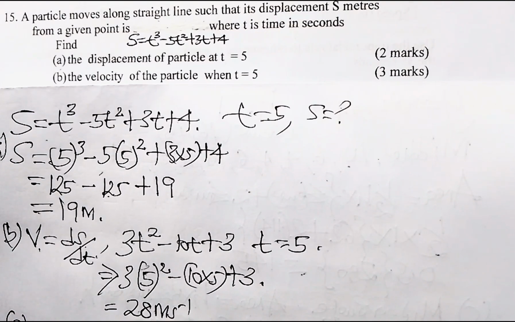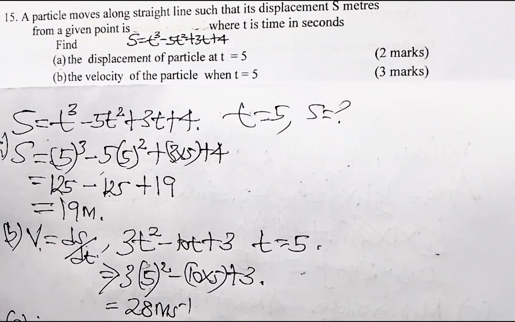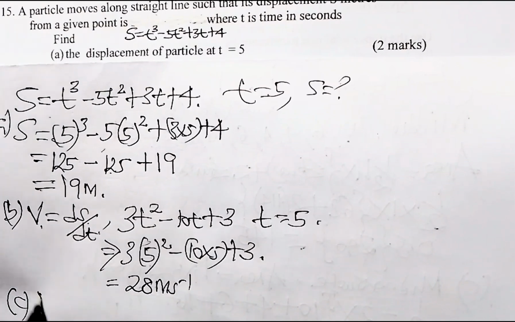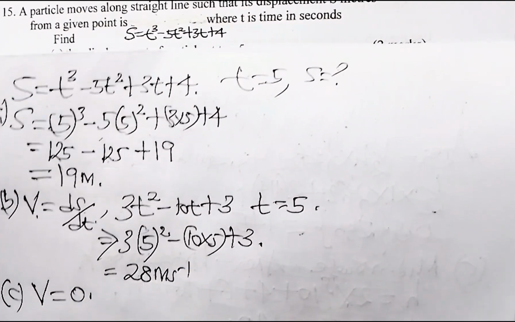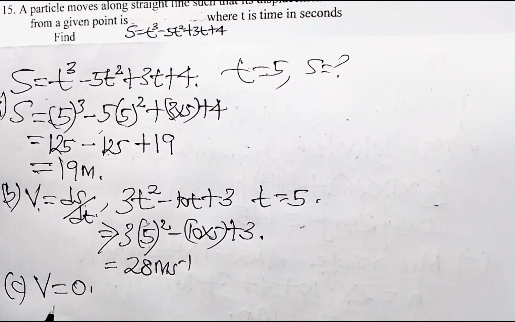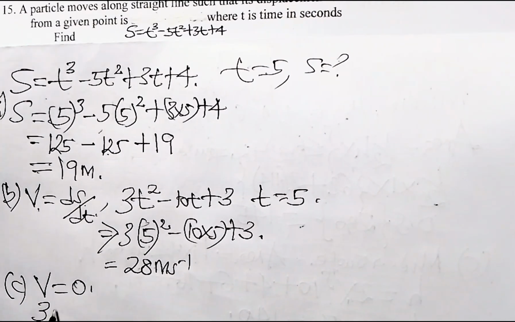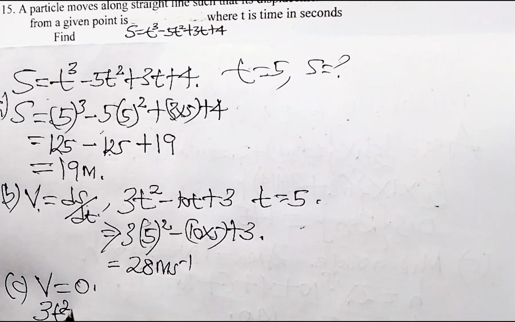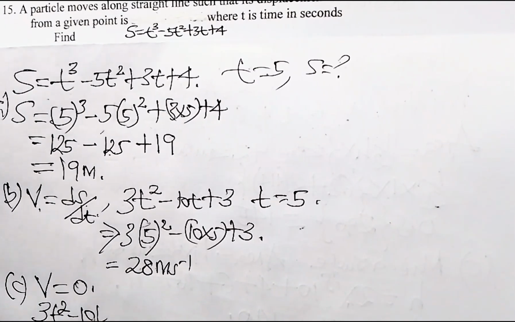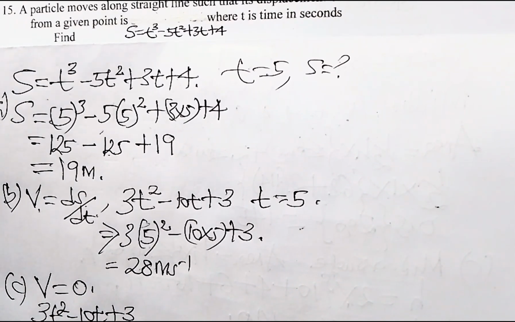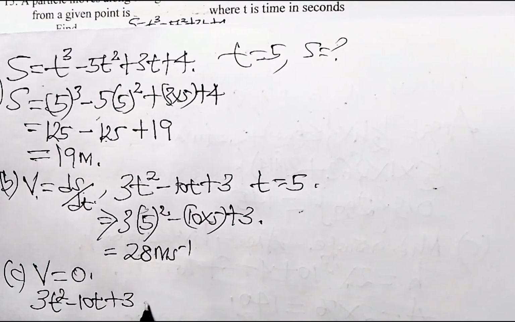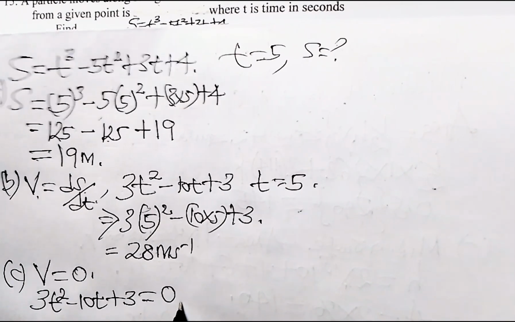When the particle is at rest, it means the velocity will be equal to 0. And we know that our velocity function is given by 3t squared minus 10t plus 3. So this function should be equal to 0.